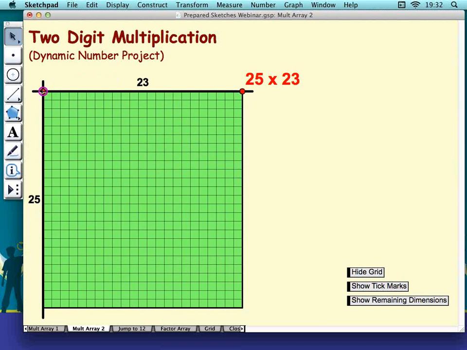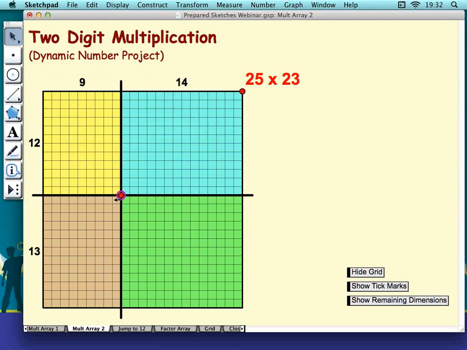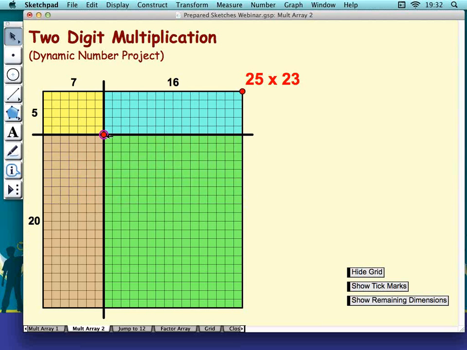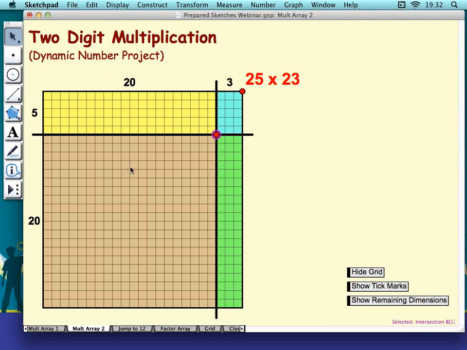So we can do it as exactly 25 by 23, or we can move down until we have 10 and 15 along the left-hand side, or maybe even 20 and 5, and we can do something similar along the top so that we have 20 and 3, and this makes it really easy for us to say, well, there's 400 here, and 20 times 5 is 100 here, and 20 times 3 is 60 there, and 5 times 3 is 15 more squares there, so it makes it really easy to add them up.